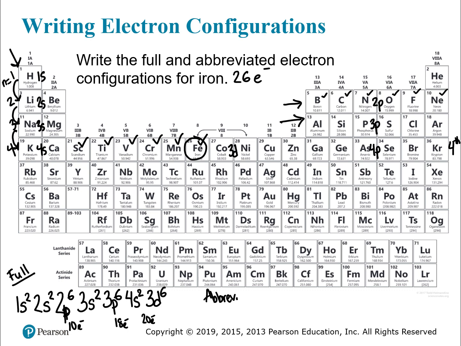So if we're in the 4th period, tell me which noble gas we're going to use to represent the bulk of our electron configuration. We're going to go up to the 3rd period, and that is argon.